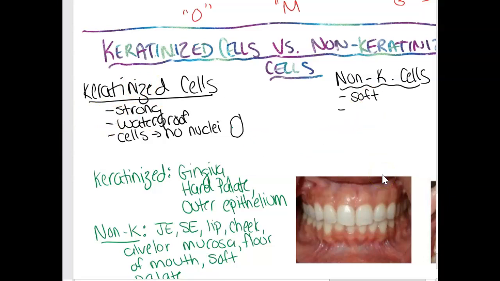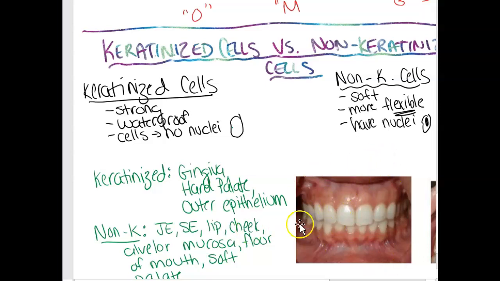And it's definitely more flexible. This is the key thing over here, that it is more flexible. That's how you can distinguish between keratinized and non-keratinized. And the cells have a nucleus. So if I'm looking at a cell, there is a nucleus inside there.